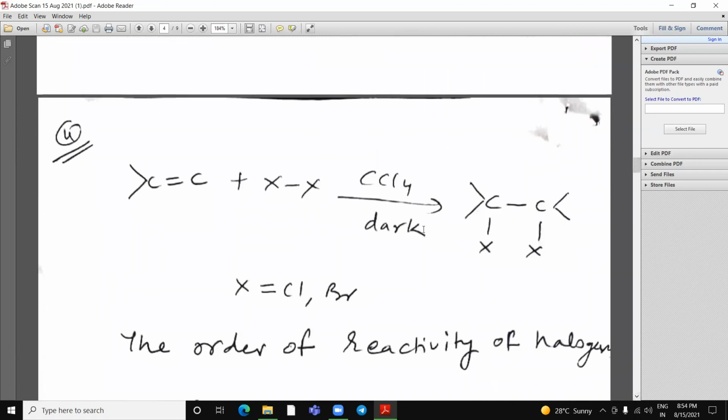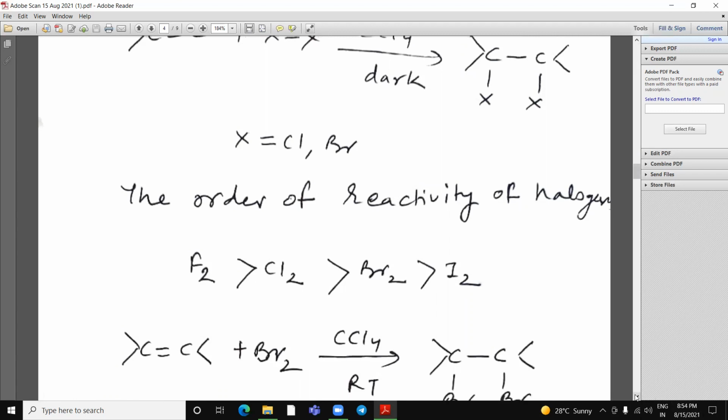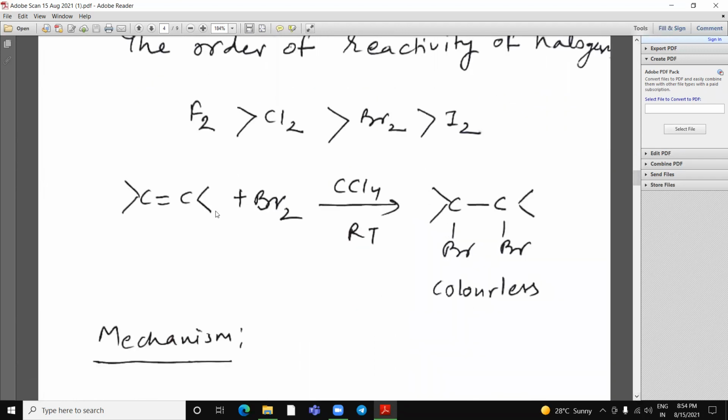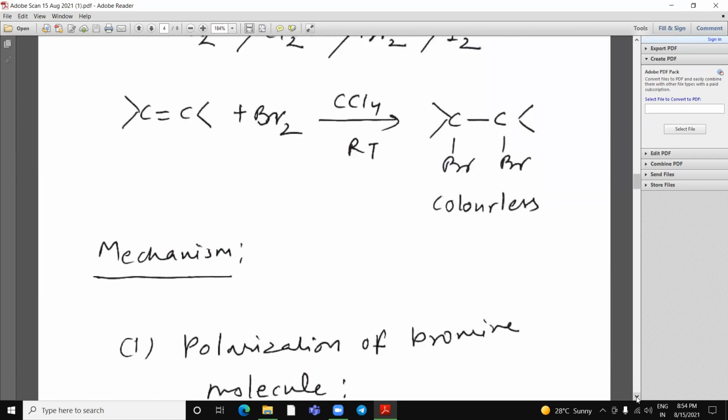See here. The order of reactivity of halogens: fluorine is more reactive compared to chlorine, bromine, then iodine. Bromination in presence of carbon tetrachloride at room temperature will give this dibromo product.